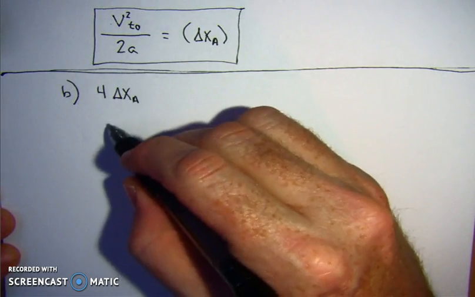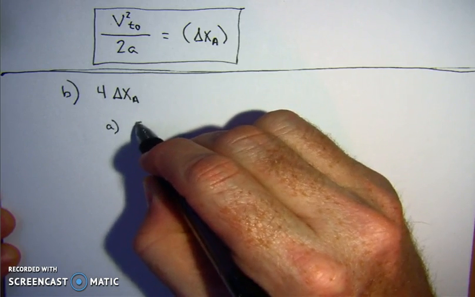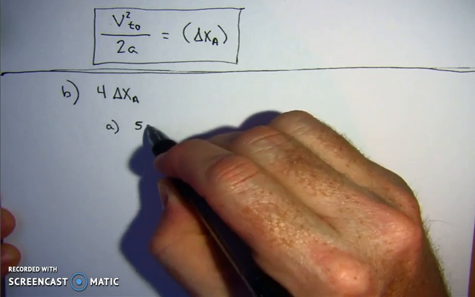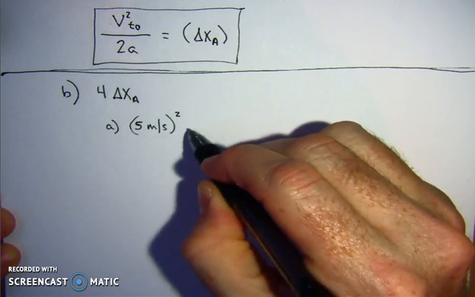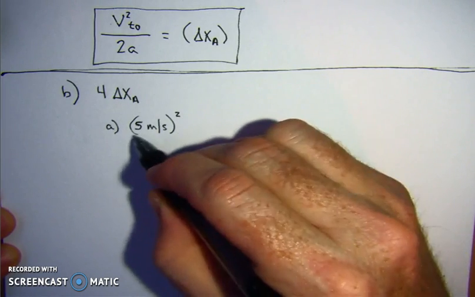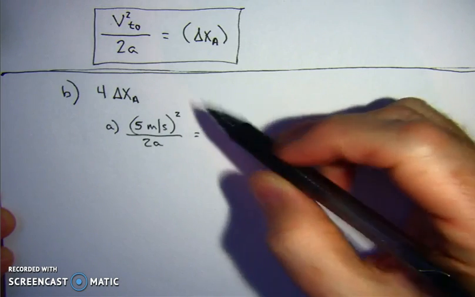So let's just say for plane A, it is 5 meters per second squared and over 2A, and let's just look at what that equals real quick.